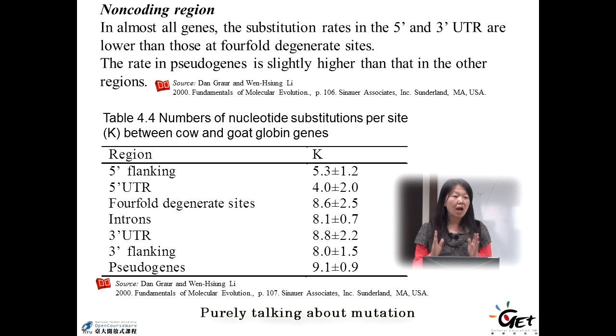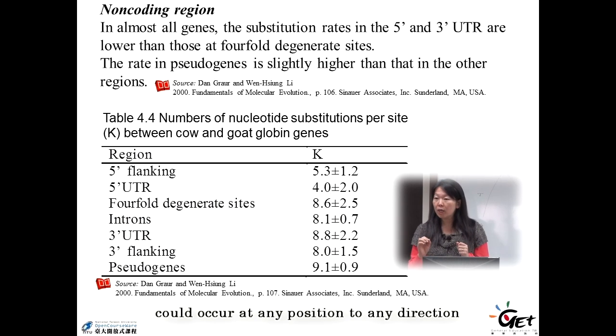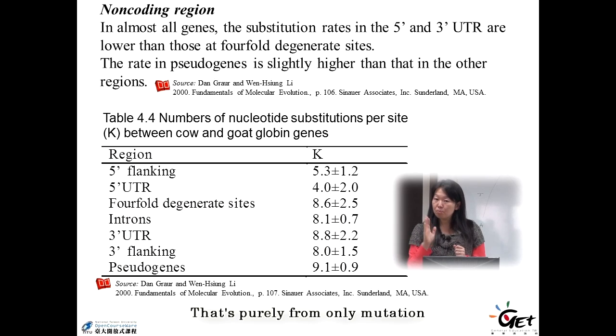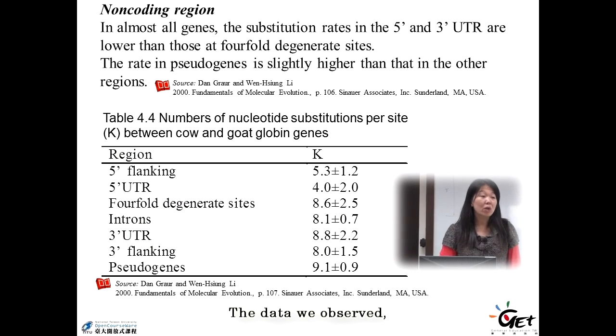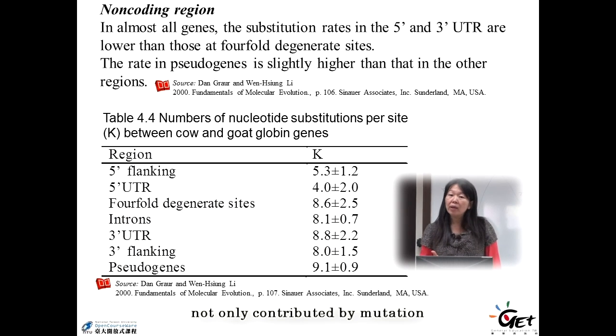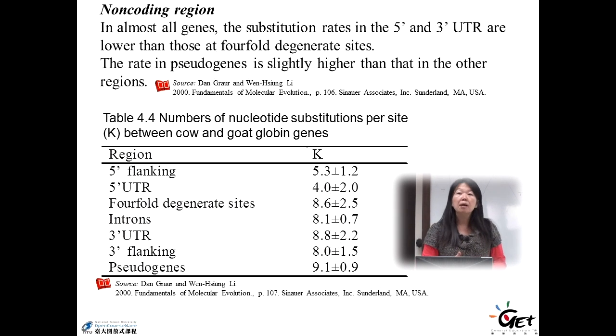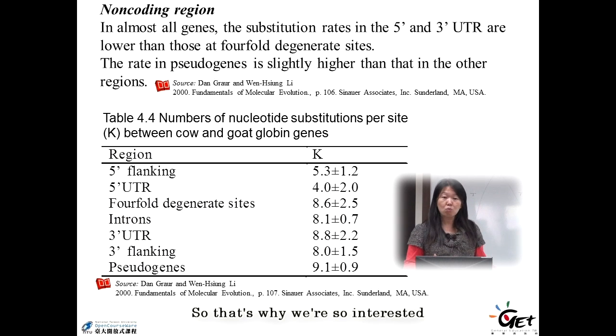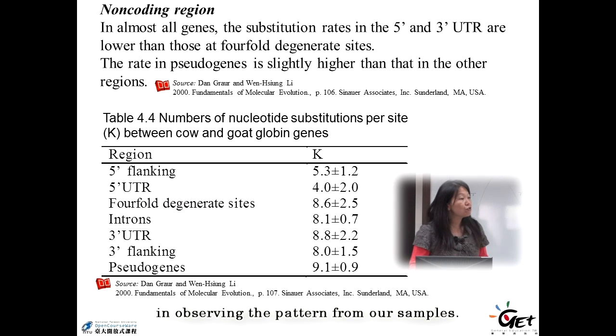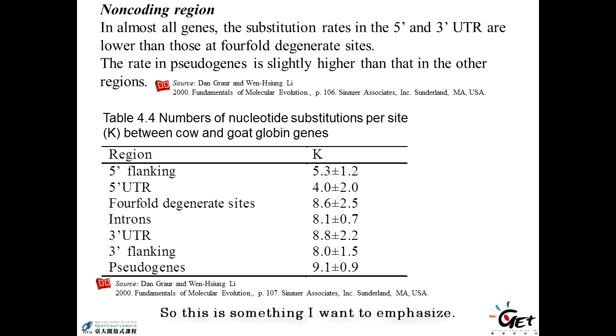We were purely talking about mutation that could occur at any position, in any direction. But now in chapter 4, we're looking at the real data, the data we observed, which is contributed not only by mutation, but also by other evolutionary mechanisms. That's why we're so interested in observing the pattern from our samples. So this is something I want to emphasize.